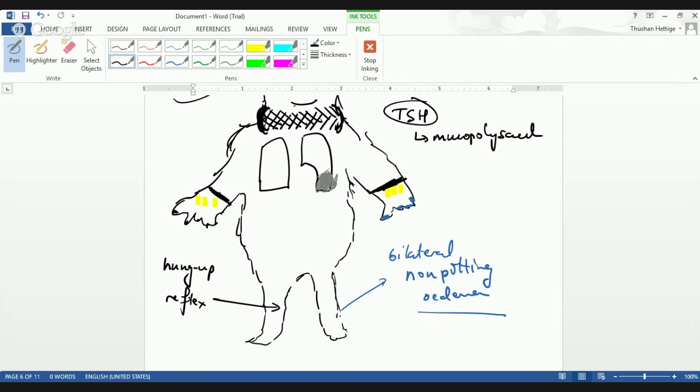Basically, you tap their quadriceps tendon. They'll extend. The muscle will contract, and then it'll slowly relax. The leg goes up and then slowly down. It hangs up for a while and then it goes down.